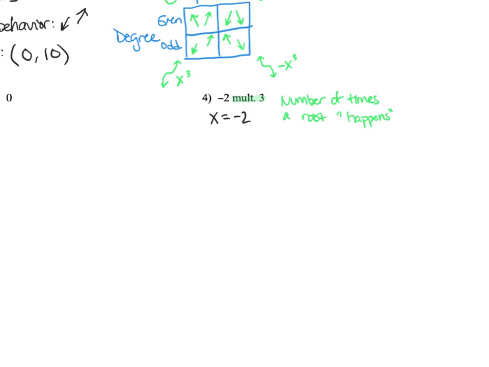We'll talk more about that in our next video, but right now, all you need to know is that when you are setting this up, you're still going to find your factor like normal. So for a, we'll add 2 to both sides and get x plus 2, but now it's going to have a little exponent of 3, saying this root is happening 3 separate times. And this is going to be our function.